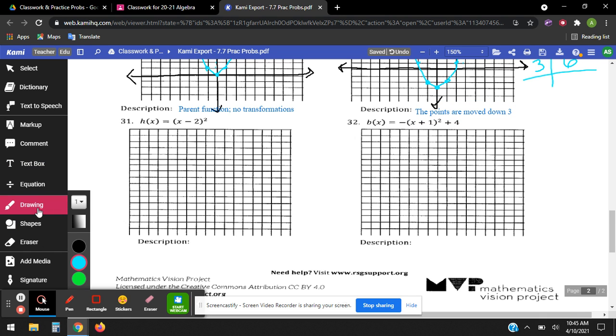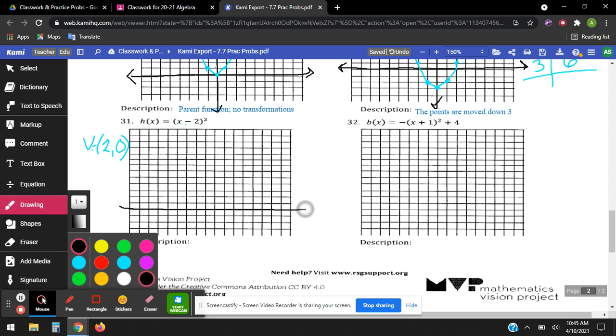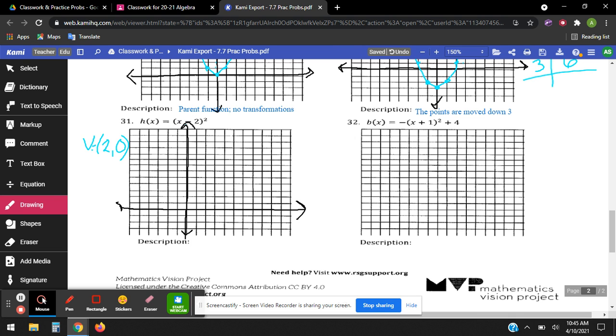Vertex is at 2, comma 0, right? There's no k added onto the end, and our h is a 2. So that means we're going to be a little more to the right, not so much into the negatives. So let's scoot this over to the side a little. And I know that my vertex is at 2, 0.